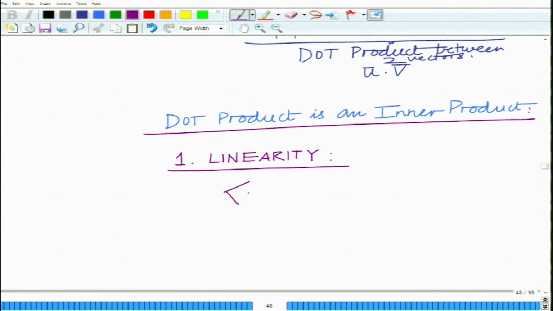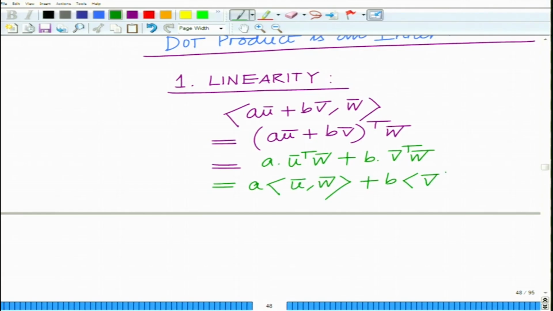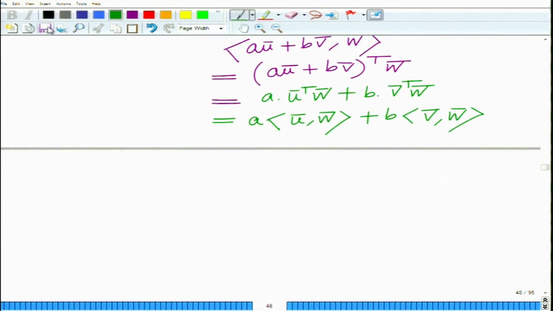If you look at A u bar plus B v bar dot product with w bar, that is simply A u bar plus B v bar transpose times w bar, as we have seen, that is the definition of the dot product, which is A times u bar transpose w bar plus B times v bar transpose w bar, which is A times the inner product of u bar with w bar plus B times the inner product of v bar with w bar. Okay, so it satisfies the linearity property.